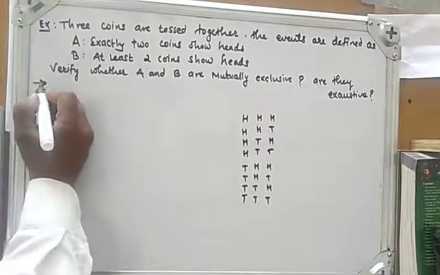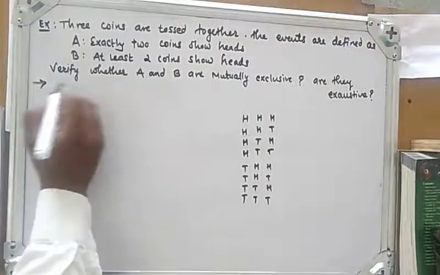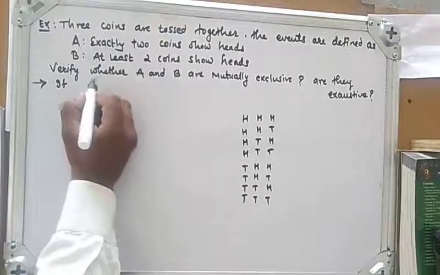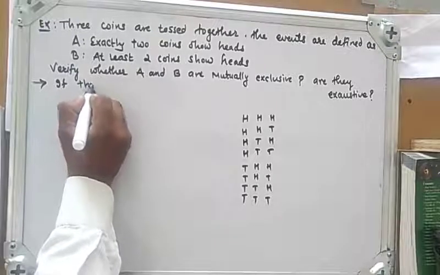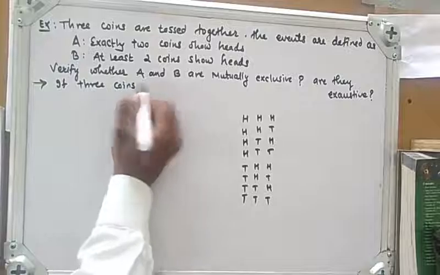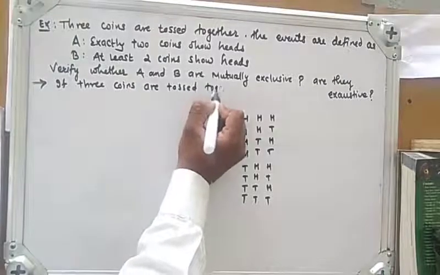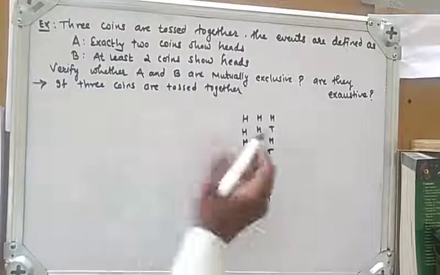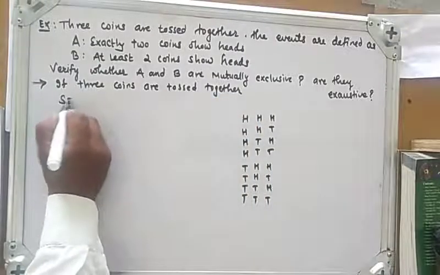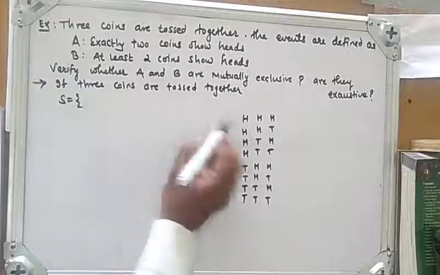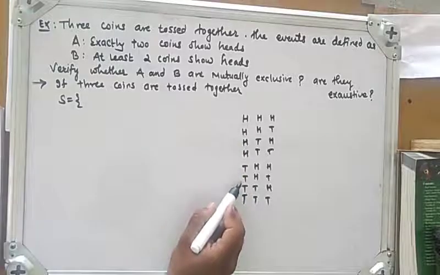Let's see the solution. If 3 coins are tossed together, how many sample points does the sample space have? 1, 2, 3, 4, 5, 6, 7, 8.